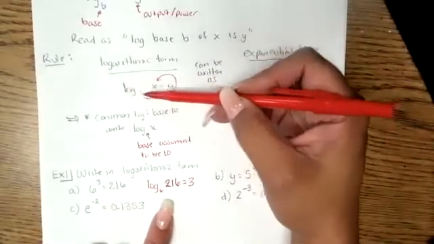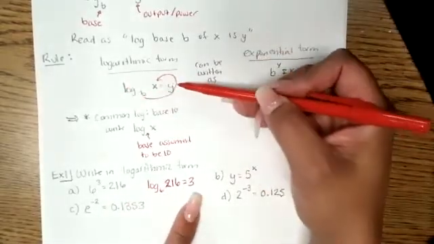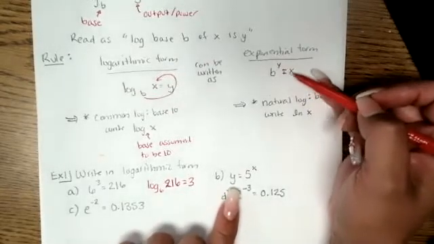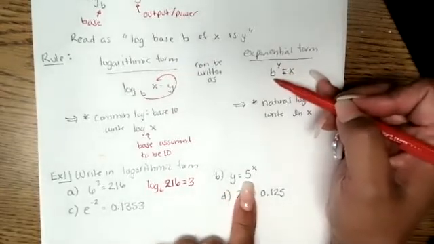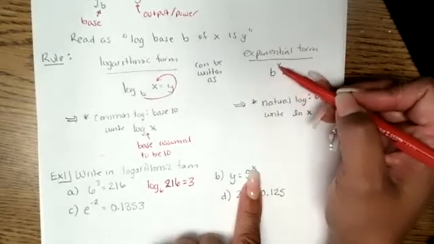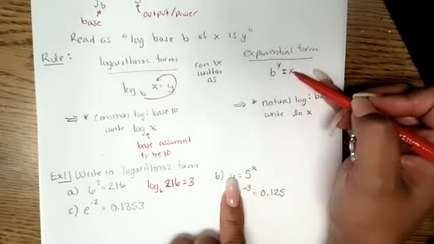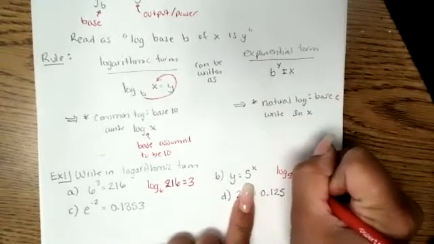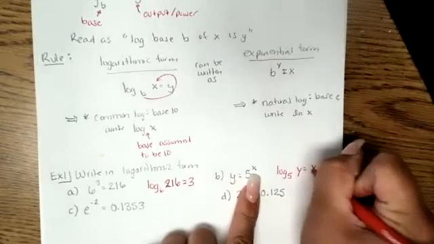So log the b, the x, and the y. Right here, we have the b is going to be the 5, the y is going to be the x, and the x is going to be the y. So this is going to be a log base 5 of y equals x.